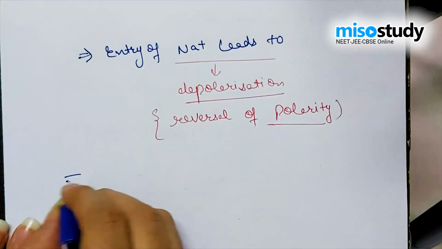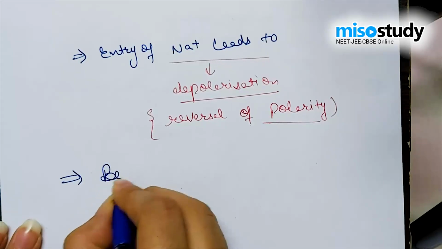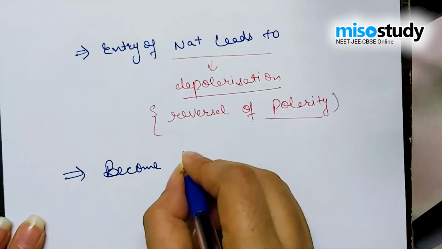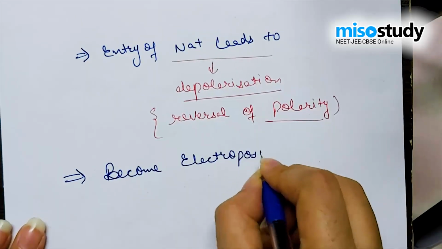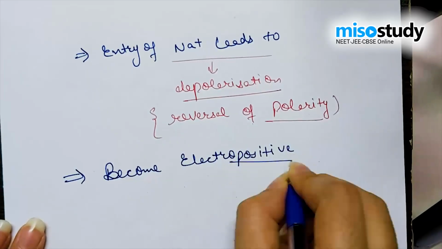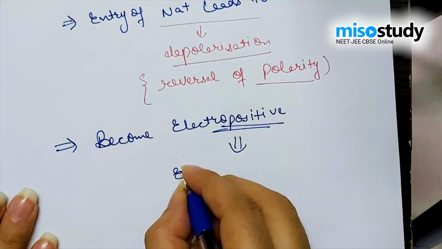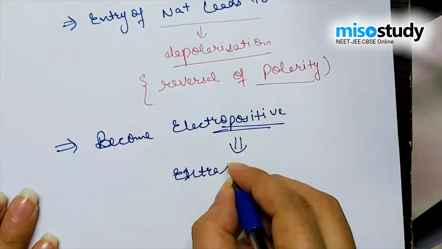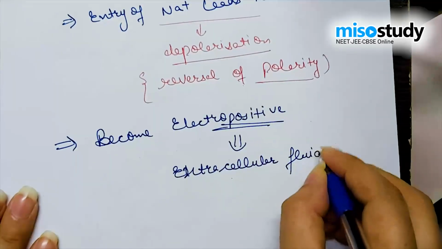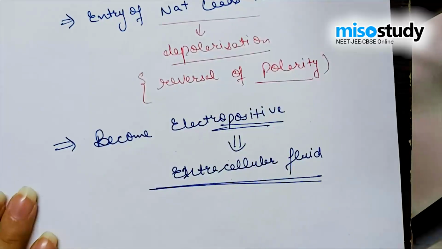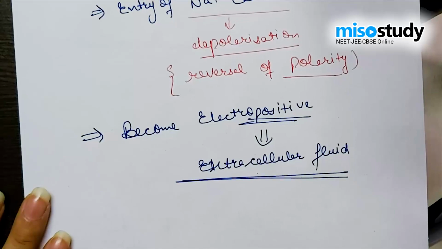So the nerve fiber contents become electropositive with respect to the extracellular fluid, and this electropositivity is maintained due to the more and more influx of Na plus ions in the cell.